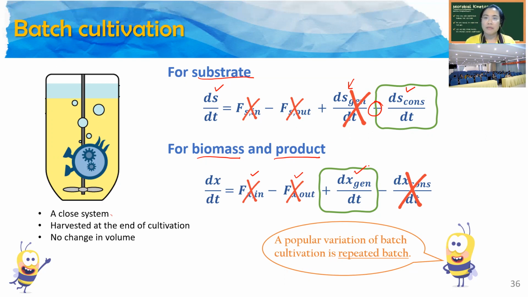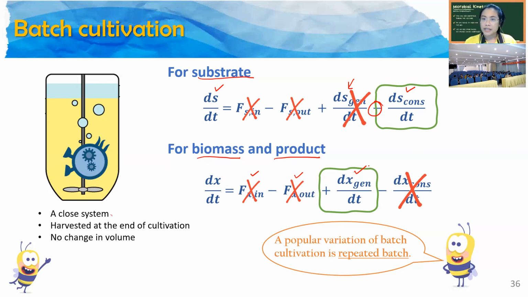Normally, when you start the batch fermentation, you have the substrate in, and you start the fermentation by putting an inoculum into the fermenter, into the media. Probably like 5% inoculum, 10% inoculum. It depends on your design of the experiment.